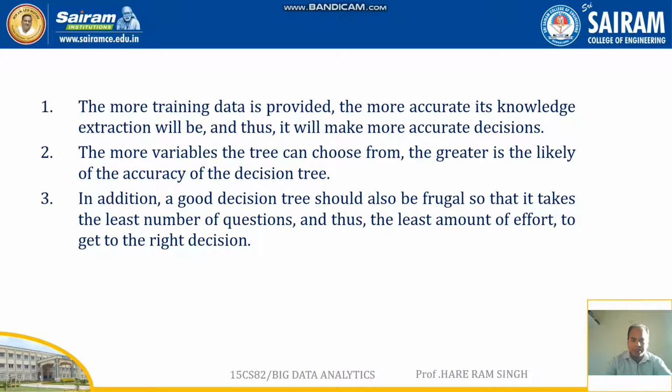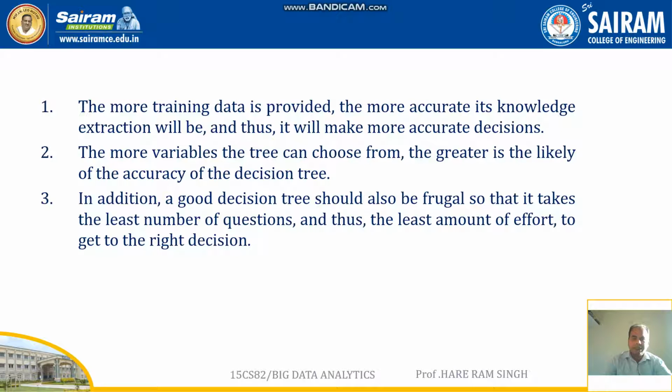If more variables are there, that also favors making a better decision. In addition, a good decision tree should also be frugal, so that it takes the least number of questions and thus the least amount of effort to get to the right decisions.